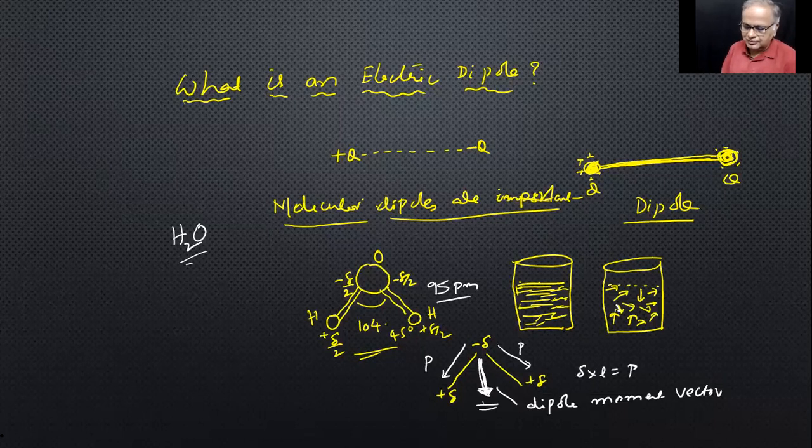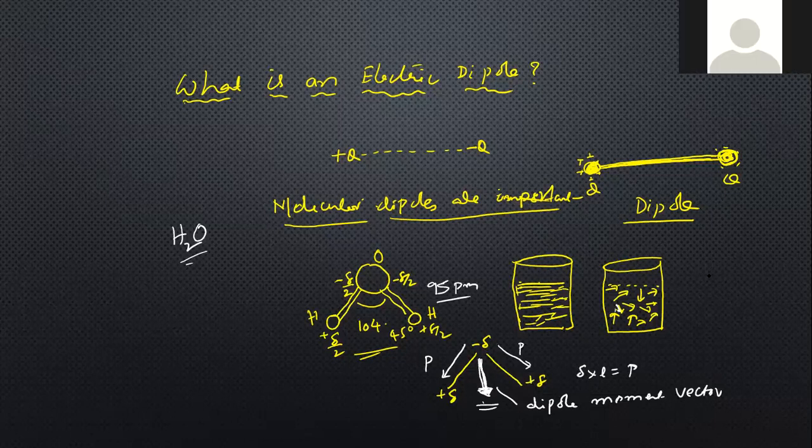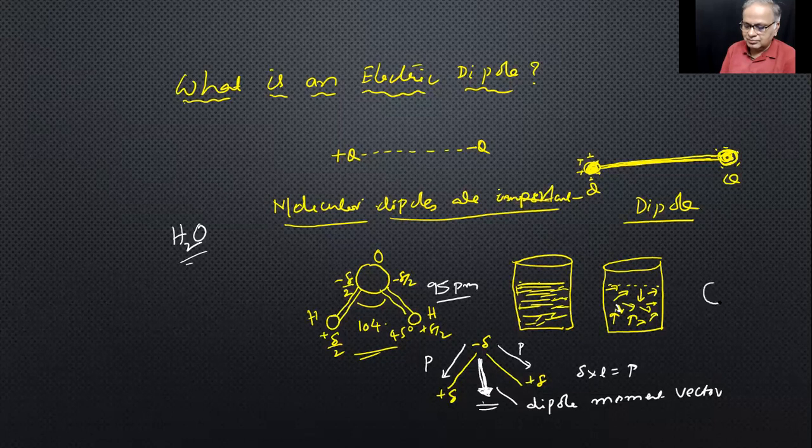A silicon atom, for example, because I think you've done some semiconductor physics also, haven't you? Yes, sir. A silicon atom, for example, how many electrons are there in a silicon atom? 2, 8, 4.